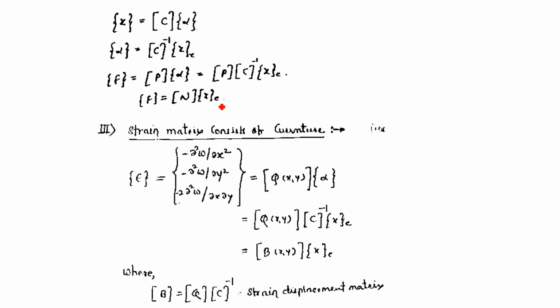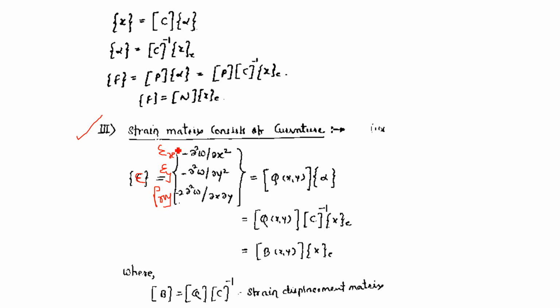Now once you find the shape functions, you have to write down the strain displacement matrix, that is, we have to find the strains from the displacement. For a bending element, the strain displacement relation has 3 strains: epsilon x, epsilon y and gamma xy.